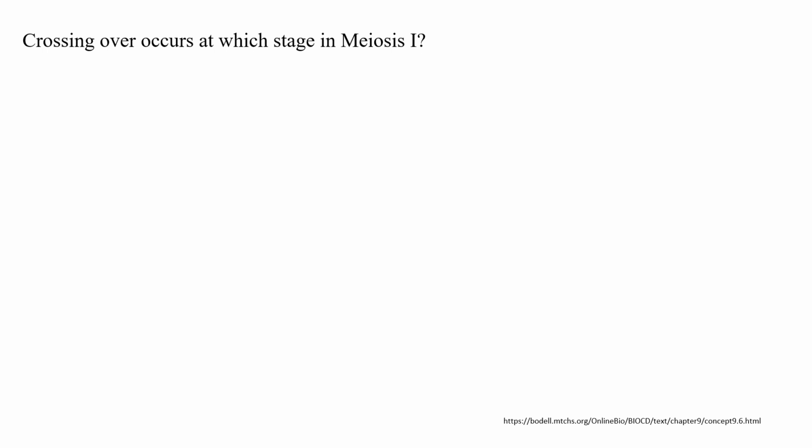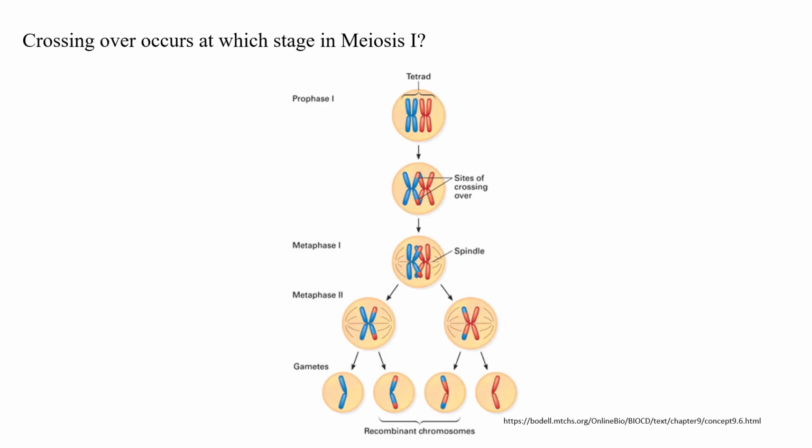Crossing over occurs at which stage in meiosis 1? Crossing over or recombination occurs during the Pachytene stage of meiosis 1. Pachytene stage occurs during prophase 1. Recombination involves mutual exchange of genetic material, that is of the corresponding segments of the non-sister chromatids of homologous chromosomes, and produces variations.